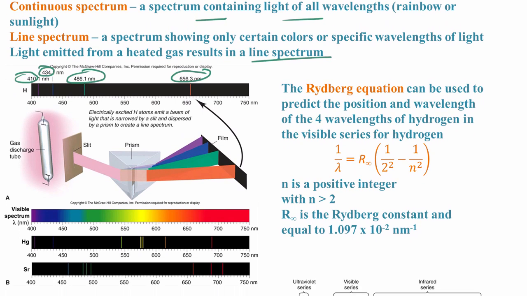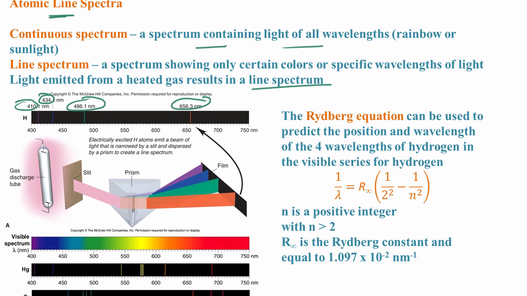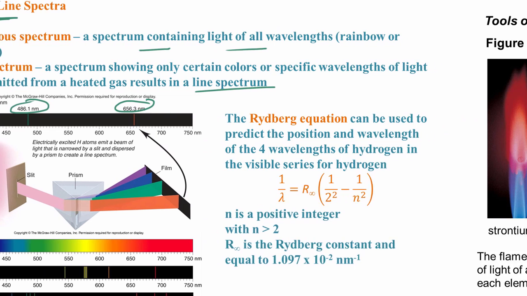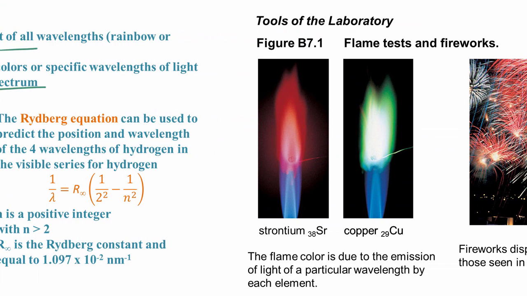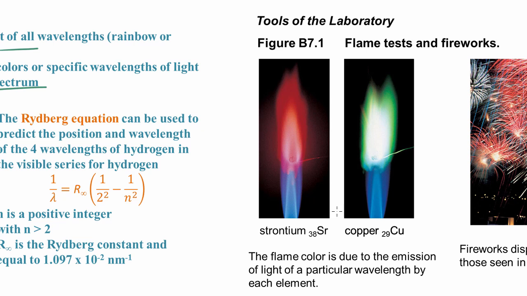Before we talk about the Rydberg equation, let's go over here for a second. In the lab, you can do some simple flame tests. For example, if I were to take an aqueous solution of strontium, let's say strontium chloride, we have strontium ions in that, and I'll dip a platinum wire into some of that, and then put the wire into a flame of a Bunsen burner, what you'll notice is a red flame color.